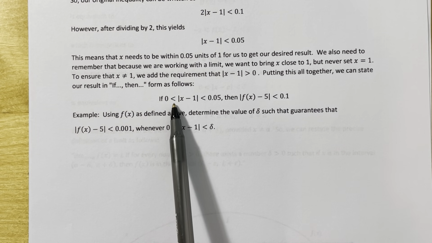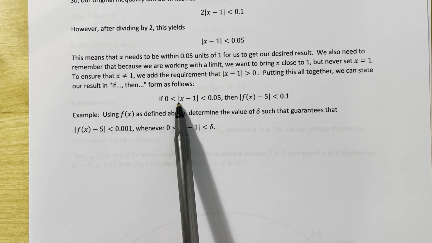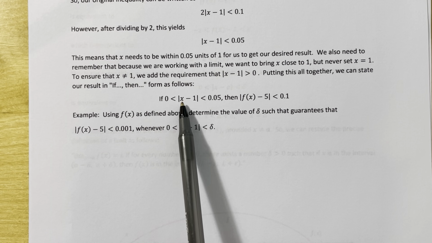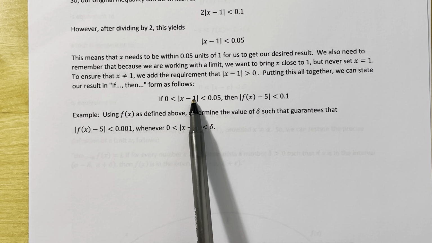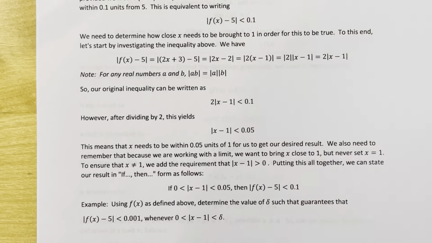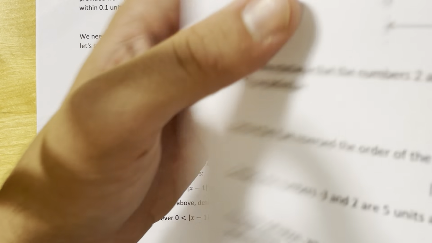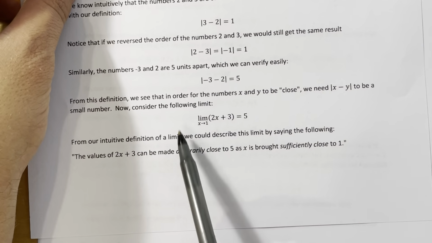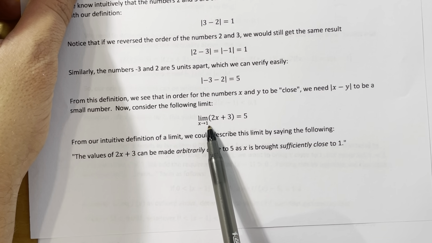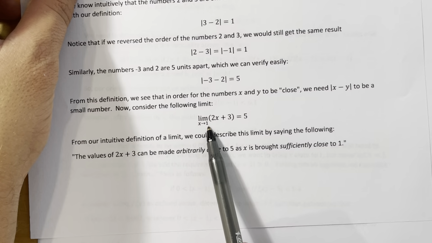Now the reason I'm saying this, greater than 0: what would happen if this absolute value equaled 0? Well, that could only happen if x was equal to 1, because notice then I would have 1 minus 1, which is 0. And it's important to note that when we're talking about limits, as we have said over and over again, x is approaching 1 without ever having to equal 1.